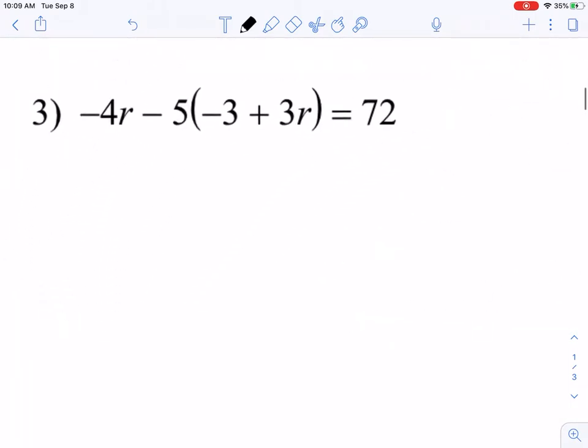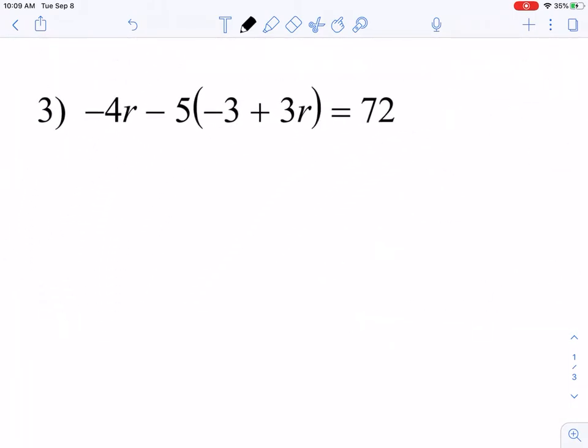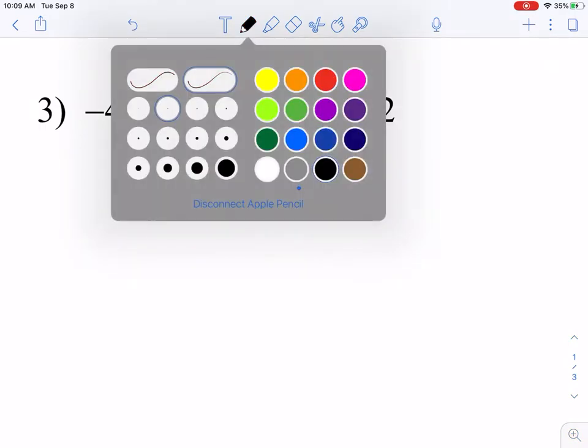Okay, in number 3, this is what many of our substitution problems are actually going to look like. We will have two-step equations once we work these down. But the first thing we need to do is take this negative 5 and distribute it to multiply with the quantity negative 3 plus 3r. So when I multiply that in, I'm going to work from left to right.